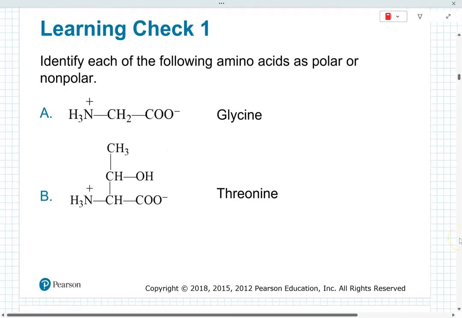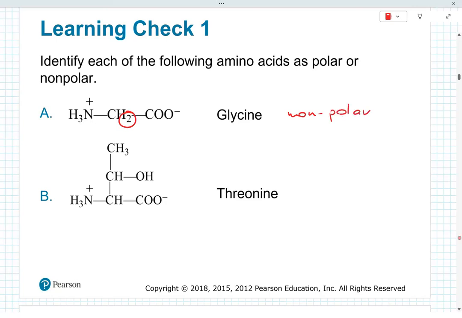So polar or non-polar? Glycine. Just a hydrogen on the side. So non-polar. And threonine. Remember the rule. The rule is, what do you say? Polar, yes.